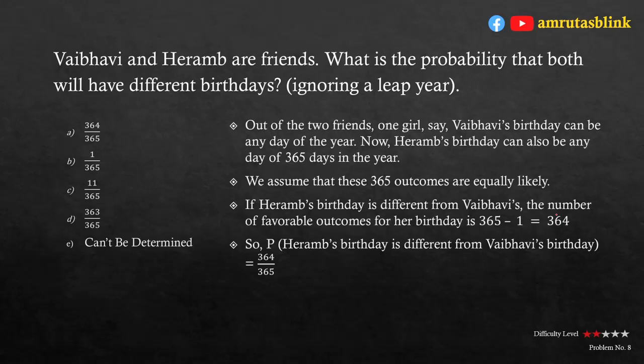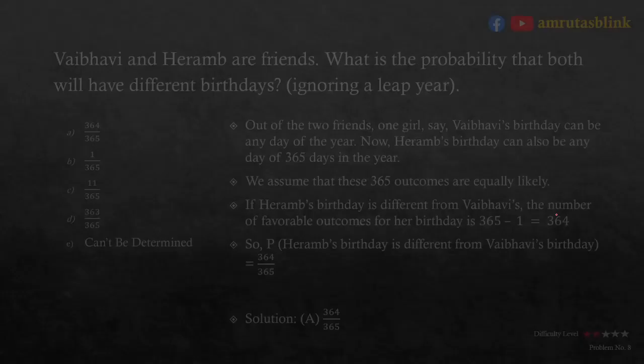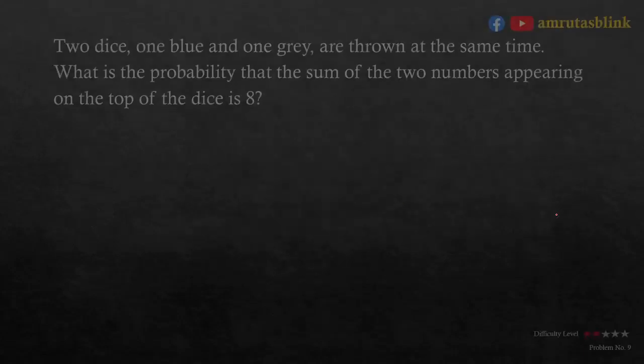Hence, the probability that Hiram's birthday is different from Vaibhavi's birthday is equal to 364 divided by 365, that is answer option A. This problem was slightly difficult, as there was absolutely no calculation, but conceptually we need to understand the concept of leap year and how to find the exact required favorable outcomes of the required event. Let's move to problem number 9.